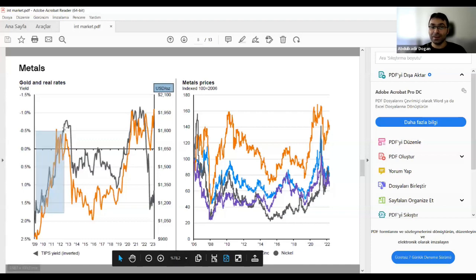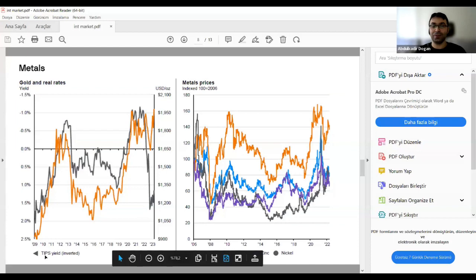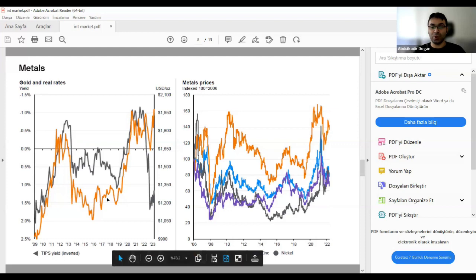And the gray line, the Treasury inflation-protected sovereign bond yields. What does this mean? It is showing the nominal yields minus inflation. So if inflation is going up, the Treasury inflation-protected sovereign yields will rise, because they are protecting you against inflation.